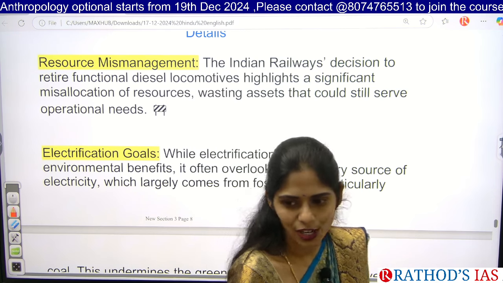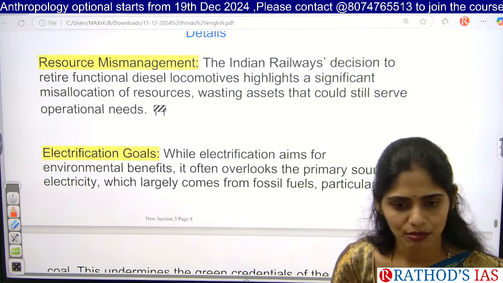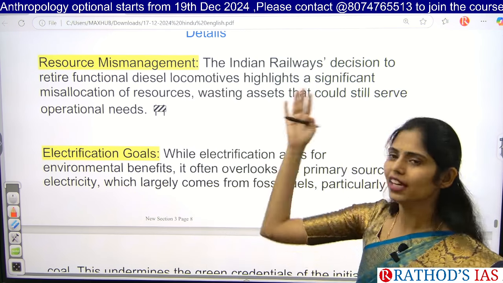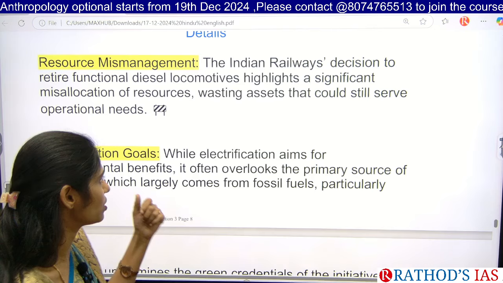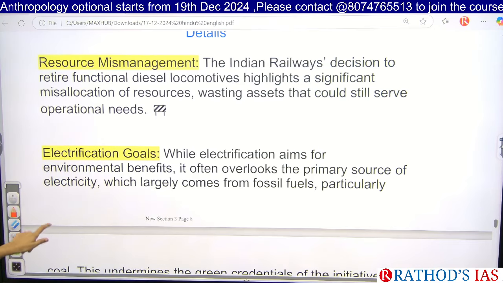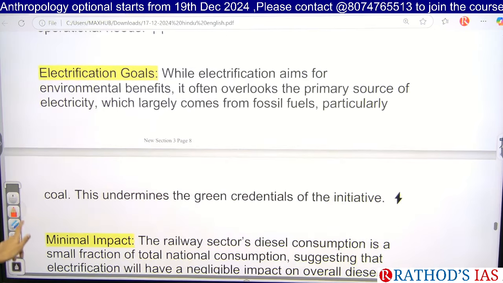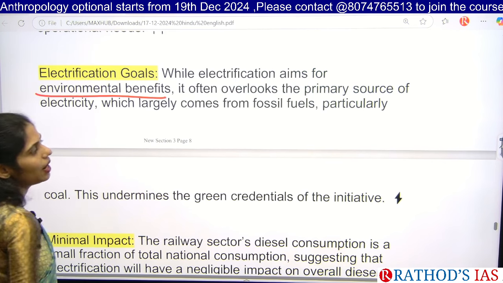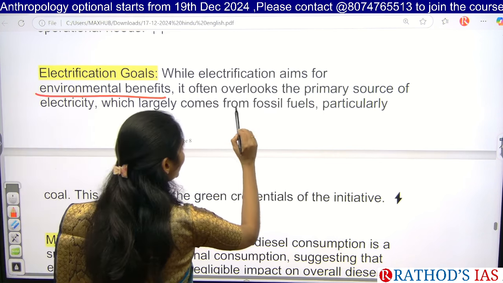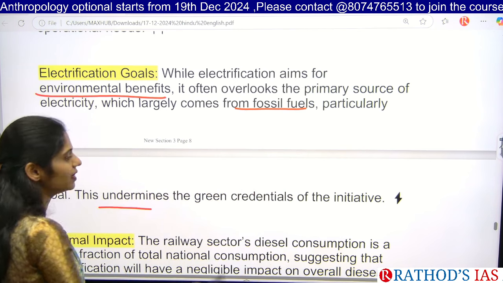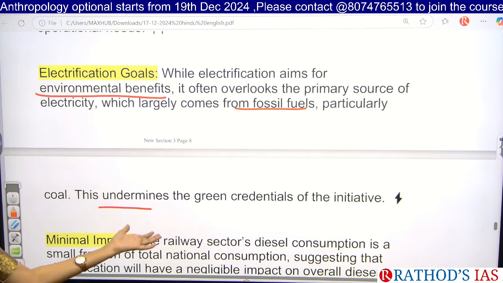That infrastructure is not available, we need more investments, and still we are using fossil fuels for generation of electricity. So this is one important problem. And next, the electrification goal aims at environmental benefits. But if we are using energy coming from fossil fuels, it will undermine the green credentials. We will not be achieving the target of green energy.